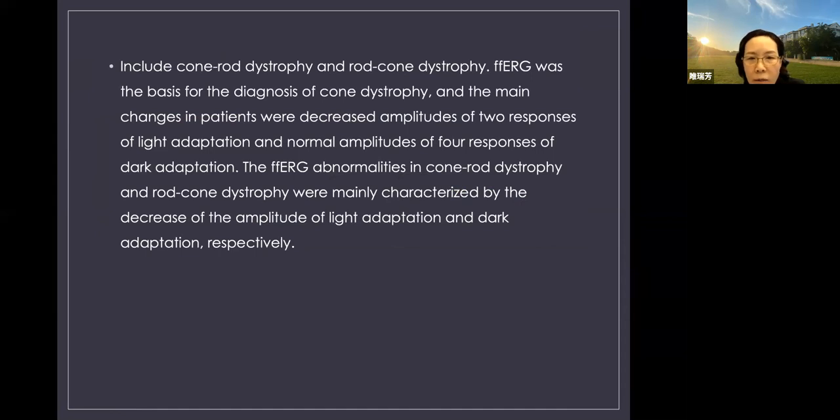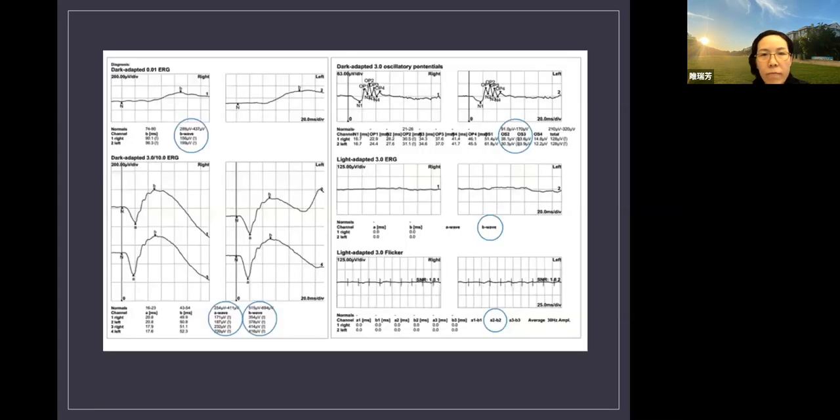FFERG will give us solid evidence, and we can see whether the patient has a cone rod dystrophy, a rod cone dystrophy, or a macular dystrophy. This patient has near normal dark adapted responses, but very severely decreased cone responses, so the diagnosis is cone dystrophy.